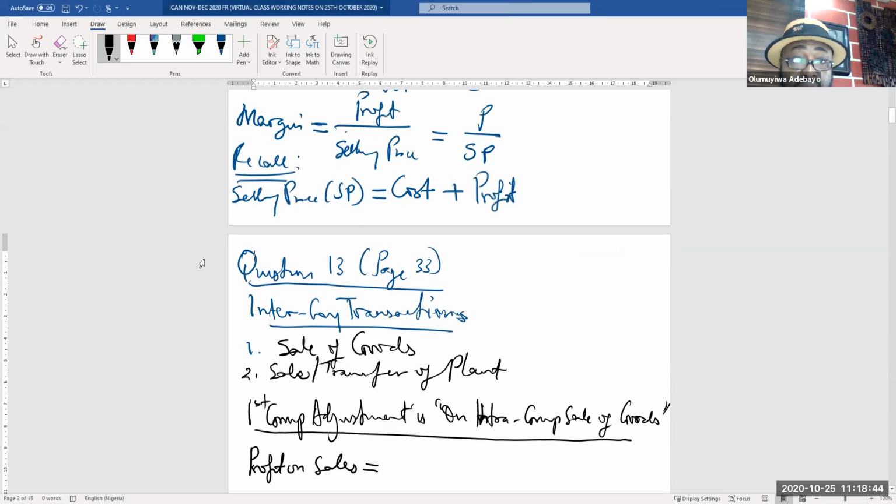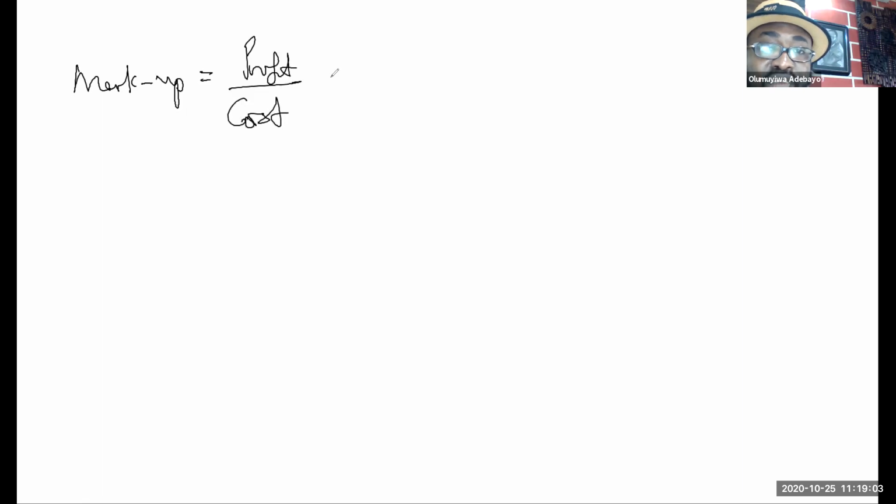Let me share the whiteboard. If you have markup, which is profit as a ratio of what? Cost. And you need to convert it to margin. What do you do?